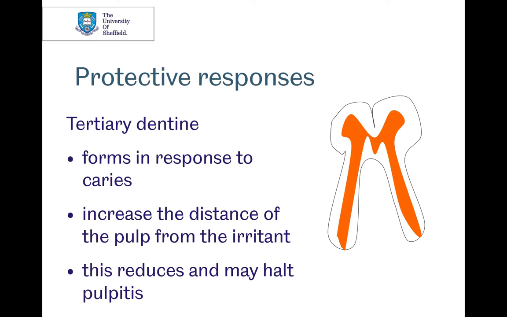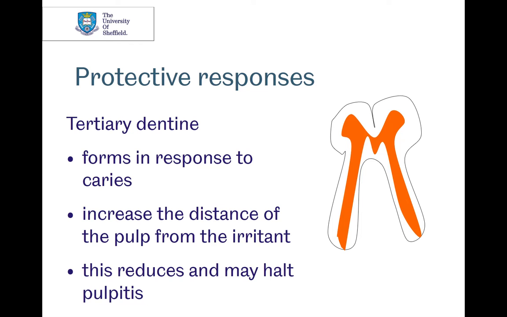So if we do go back to the beginning, as I indicated, the first thing is that when you have an advancing carious lesion, and I'm going to assume for argument's sake that essentially it is a carious lesion that we're dealing with, the dentine pulp complex will start to respond to the carious lesion as it moves towards the pulp. So you get tertiary dentine formation, and it is trying to remove the pulp as far as possible from the advancing dental caries.